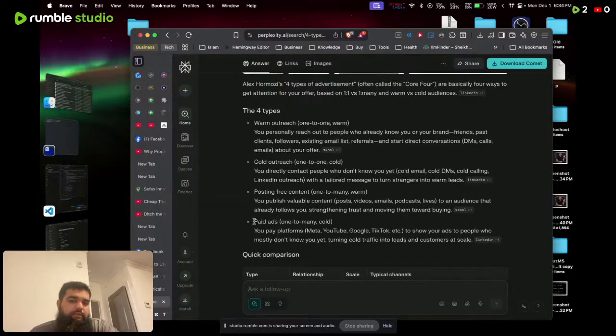This is the one that is perhaps the easiest to scale because you can just input money into the machine and get a return, which is known as return on ad spend. And I have done this for Google ads, but the problem was my product isn't a good fit for Google search since it's not currently buyable, if that makes sense.